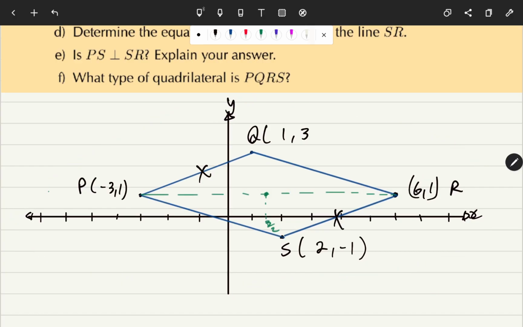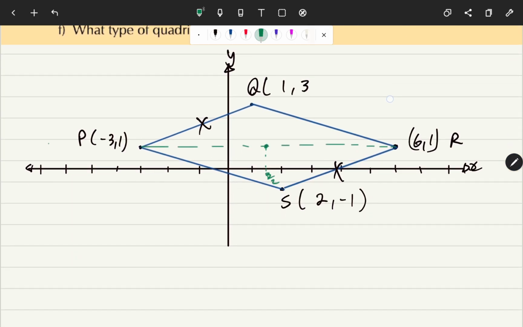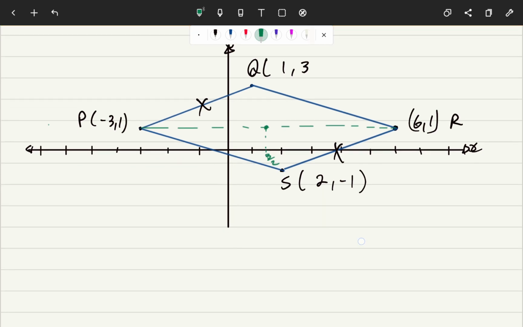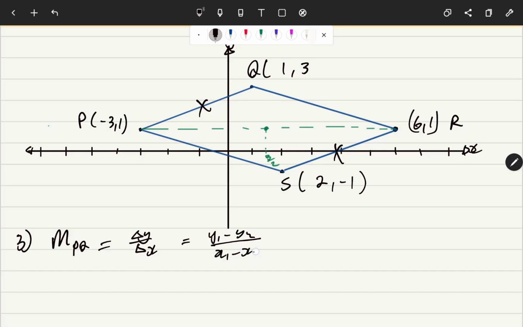Cool. So we have to show that PQ and RS are parallel. So remember, for parallel lines, calculate the gradients. If the gradients are the same, we have parallel lines. I'm going to start with PQ. The gradient of PQ is changing y over changing x, that's y1 minus y2 over x1 minus x2.